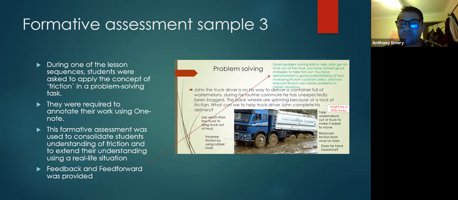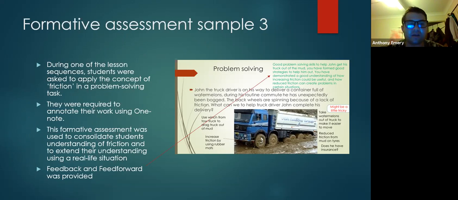They had to help a truck driver named John get out of the mud, and they had to work with their elbow partner or individually to annotate a PowerPoint slide on OneNote. They had to identify ways to increase friction or reduce friction, and whether the reduced or increased friction was an advantage or a disadvantage, and they had to justify their answer.